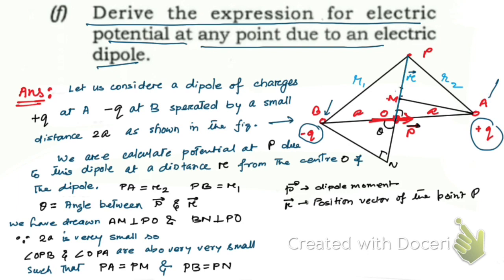So here you see, now you see, I have drawn two perpendiculars from A and B respectively to the line drawn from P through the O, that is O is the center of the dipole, right? So these are the two perpendiculars I have drawn, right? So if this angle is theta, then this must be also theta, right?